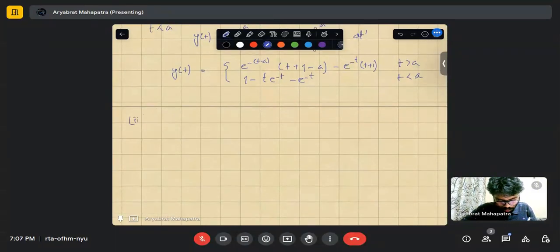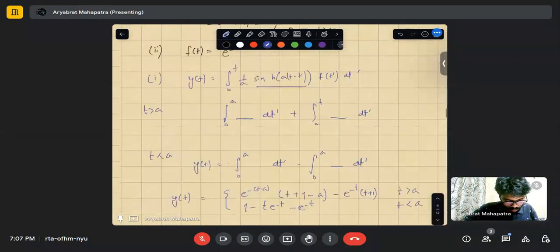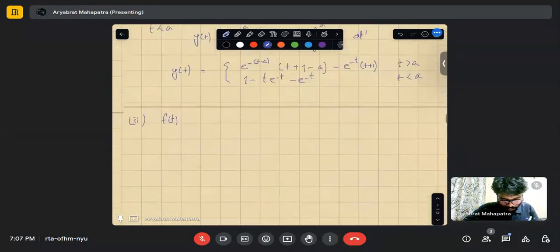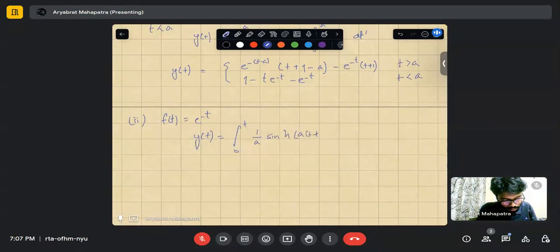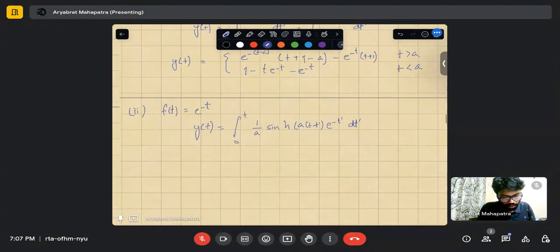So the second part, you have f of t equal to t. In this case, let's say you put this form of f of t in your answer, again with the same strategy: sine hyperbolic a(t minus t prime), then e to the minus t prime, and you have to integrate this with dt prime.